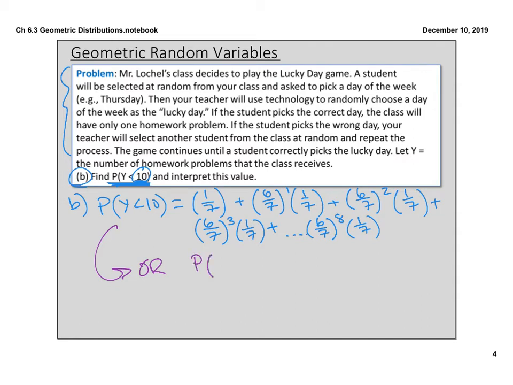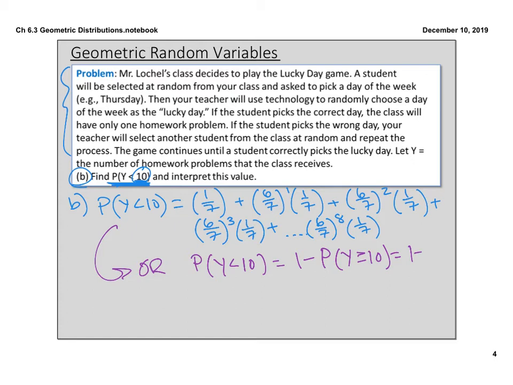The probability that your variable is less than 10 is the same thing as 1 minus the probability that your variable is greater than or equal to 10. So basically it's 1 minus, not 1 over, sorry, 1 minus having 9 failures.